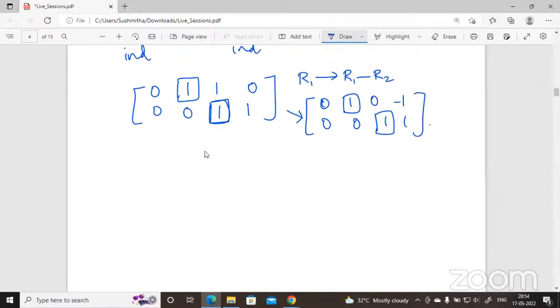I have a question. Ma'am, when we talk about elementary row operations, type 2, that is scalar multiplication of any row with a constant, can that scalar be 0 as well? Why do you want to multiply by 0?